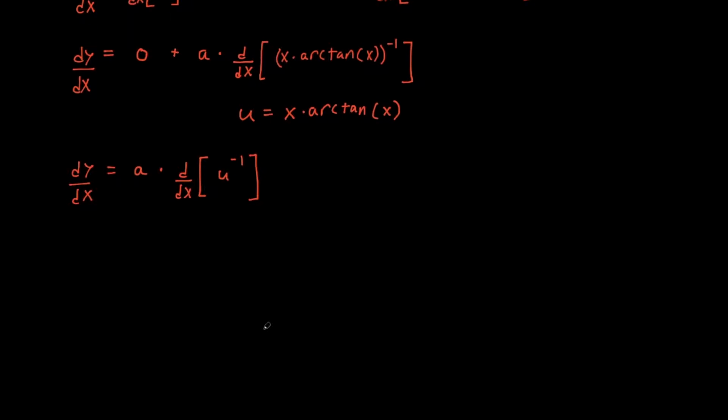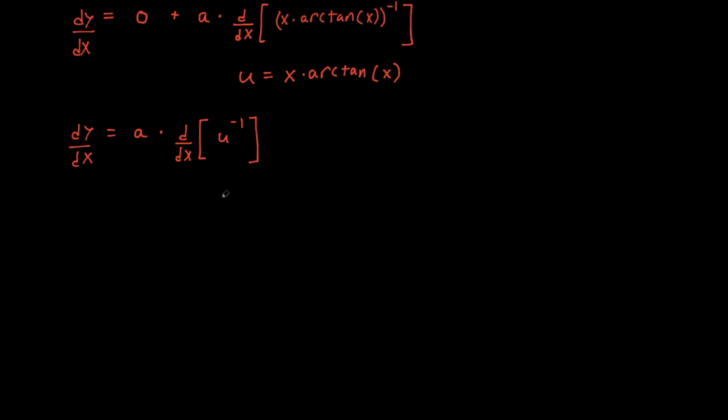We have a function in terms of u being differentiated with respect to x. So here's where we can rewrite this with chain rule.